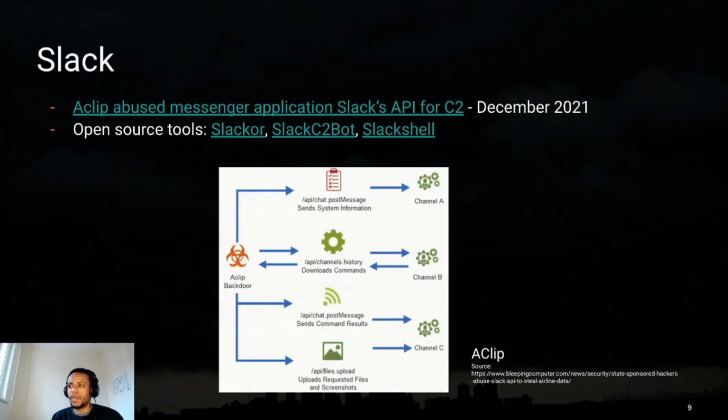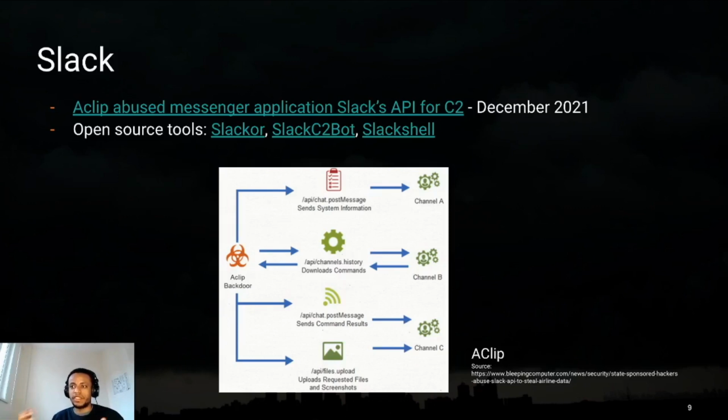This example is from December 2021. At the time of this recording, it's 2 months back. This malware sample by the name of Aclip was abusing Slack's API for command and control. It was really interesting because it was sending data across multiple channels. On the first channel, it would download commands and then return the results via a different channel, and even upload files via that channel.